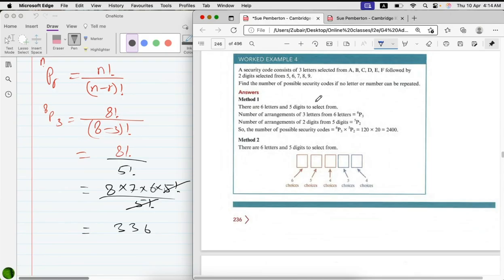Out of the 6 letters, we are selecting 3, so that's 6P3. Out of the 5 numbers, we are selecting 2 numbers, so that's 5P2. When you multiply them, you get the total number of possible passwords, that is 2400.